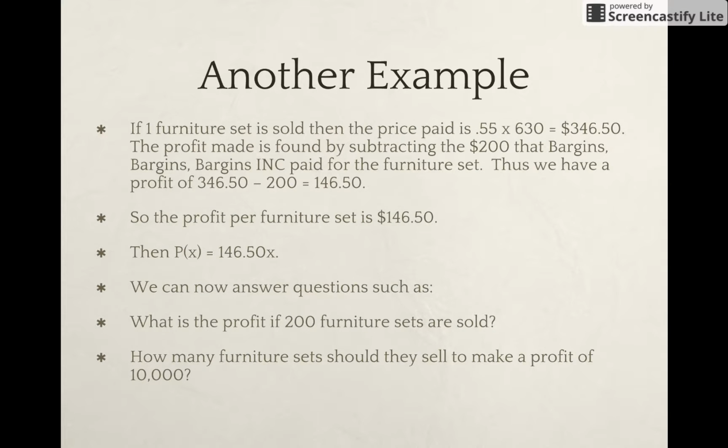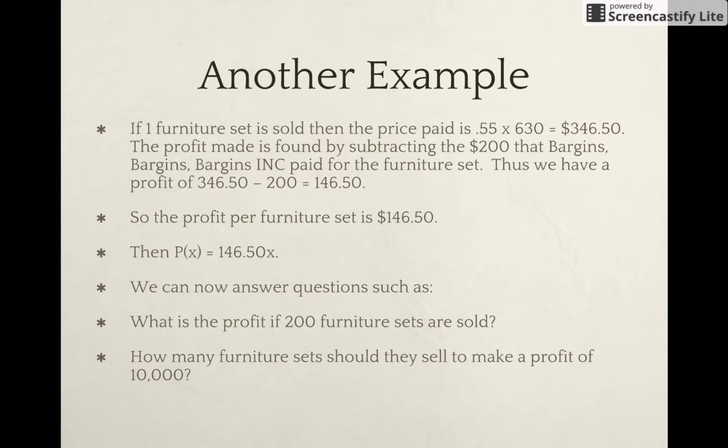So if we sell one furniture set, then the price that the customer pays is given by 0.55 times 630. That's because 0.55 because they're 45% off. And so that comes out to be $346.50.